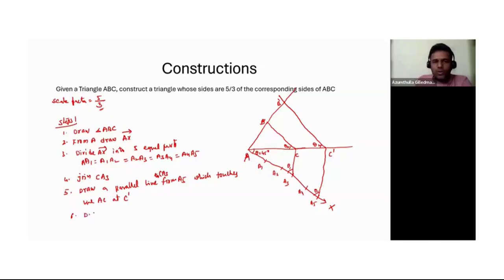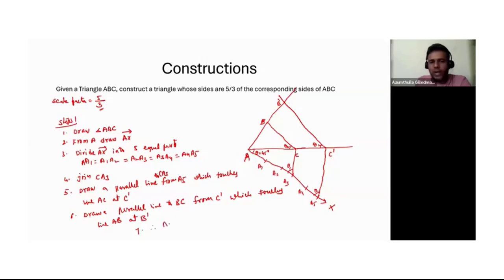Now draw a parallel line to BC from C dash, which touches line AB at B dash. What is the last step?